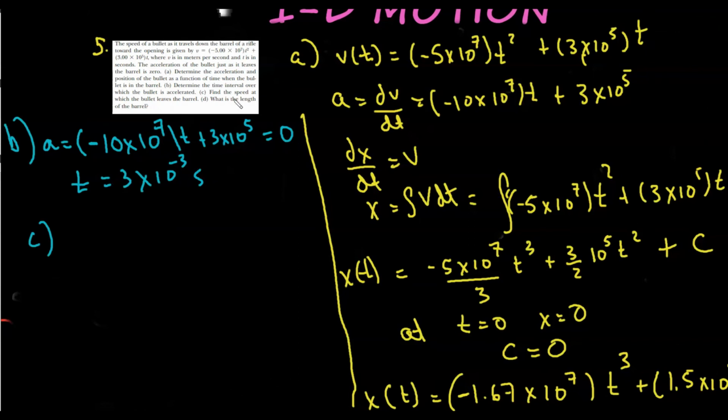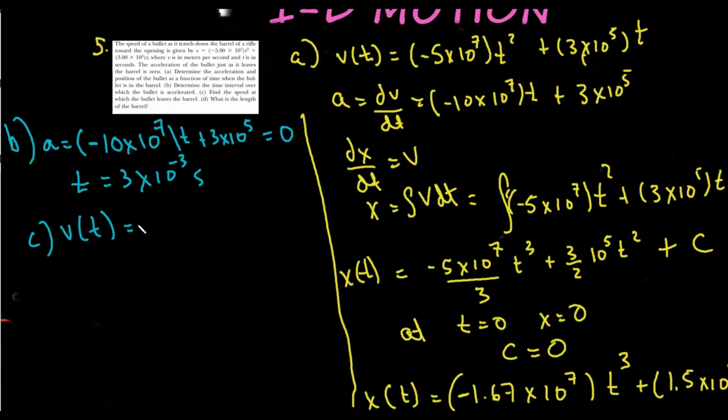Part C, find the speed at which the bullet leaves the barrel. So this is the time where the acceleration is 0, which is when the bullet is at the end of the barrel. So we can plug this time into our velocity function, and we actually get the answer to our question, the speed at which it leaves the barrel.